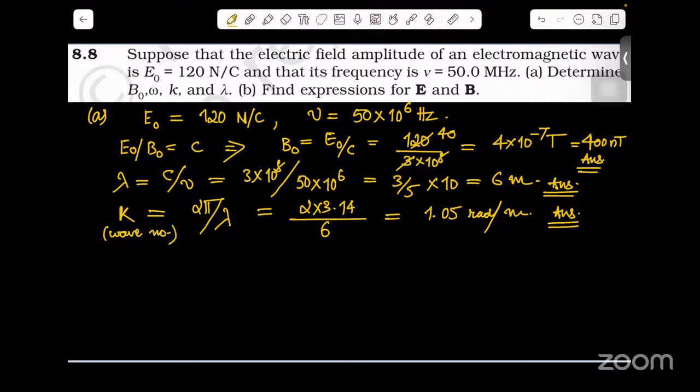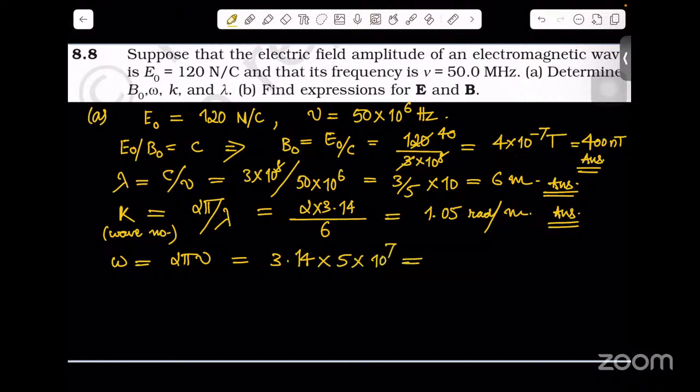And the last thing is your omega. Omega conventionally everyone knows, which is 2 pi times your frequency, right? 2 into 3.14 into 5 into 10 raised power 7.